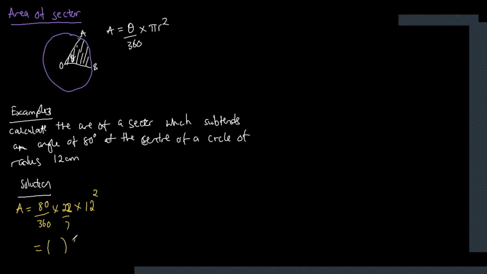Then you say times bracket 22 divided by 7. That's how you punch it, right? And then you say equal to, then you say times 144.